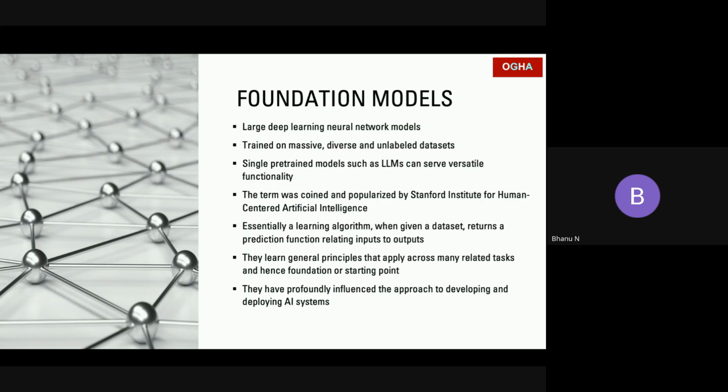They became the bedrock, a starting point, and have profoundly influenced the approach to developing and deploying AI systems. Basically, these systems are very risky. They cost a lot, and because of the probabilistic output, it's not very deterministic. You don't know upfront whether the system is going to work or not. So the uncertainty is rather high, but that's been tamed with hard work over the years.